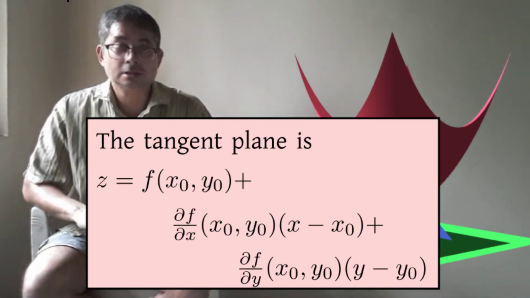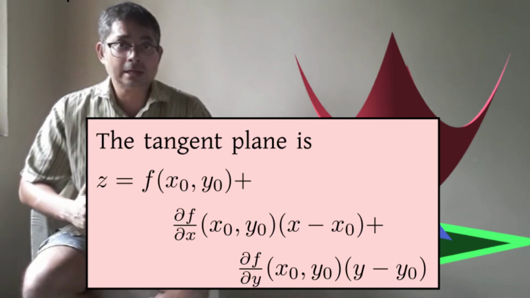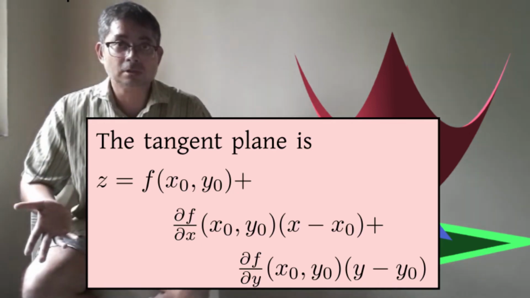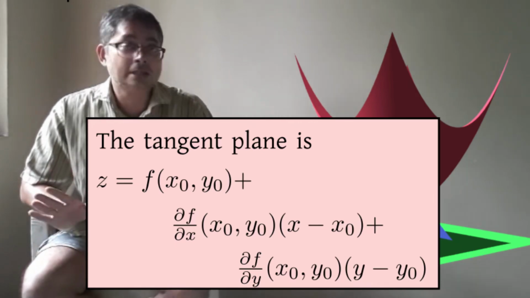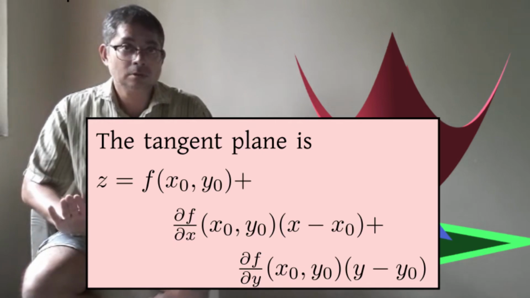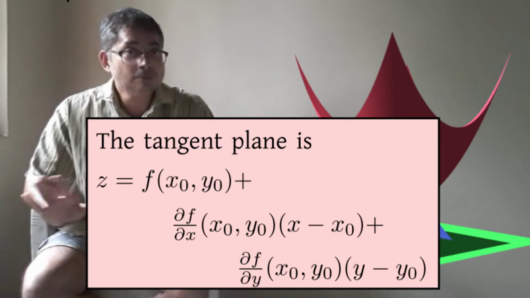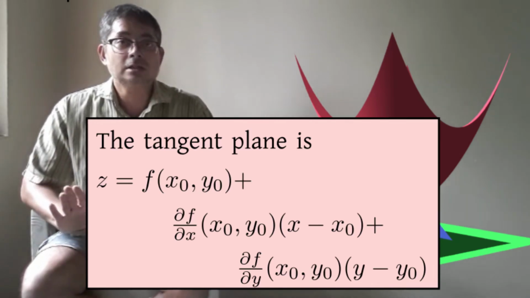Sometimes beginners are thrown off by this fact. How come the partial derivatives exist, yet the function is not differentiable? In fact, this particular formula may not be the tangent plane if f does not satisfy certain other conditions. If those conditions are satisfied, then this will be the tangent plane.